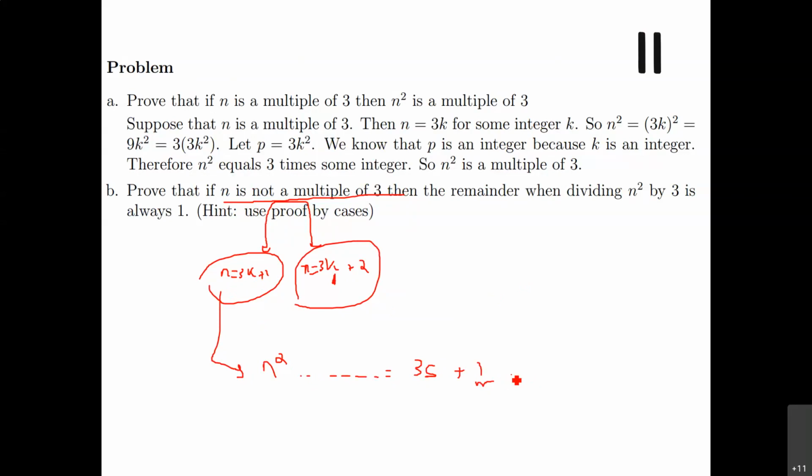Is it obvious that this is what's going to happen? Well, you could just solve it and see what happens. But it's again similar to what we did in the previous exercise.